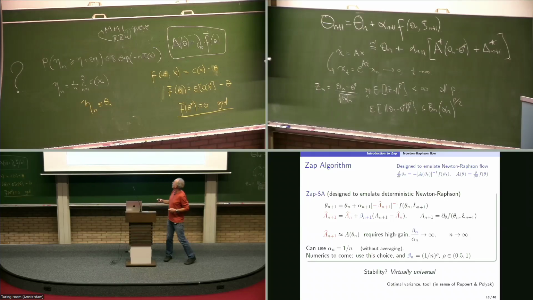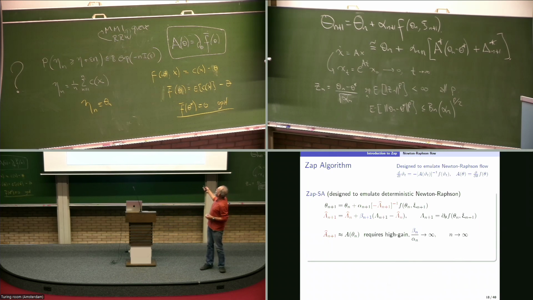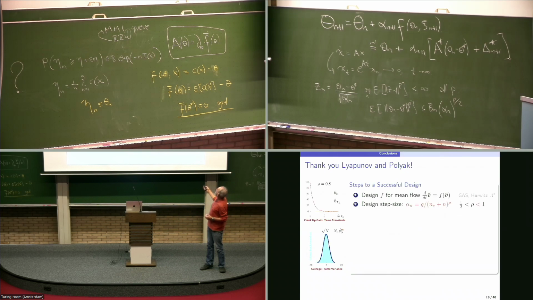What's really nice about a step size of this form is that you're sort of learning a decent gain. When you run this code, if you take G too big, it's just going to blow up. You're going to start off at theta, a vector of zeros, and after 100 iterations, it'll be 10 to the 10th.